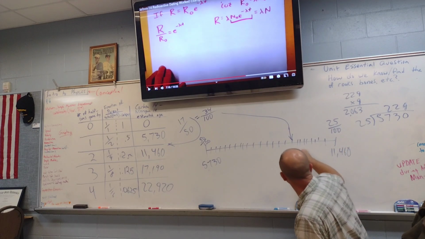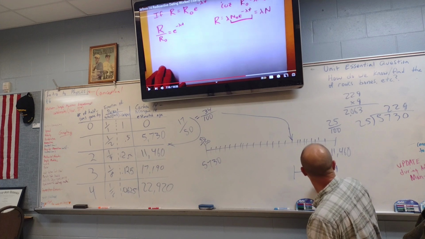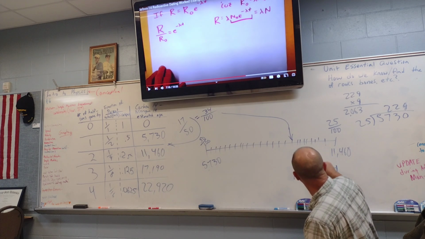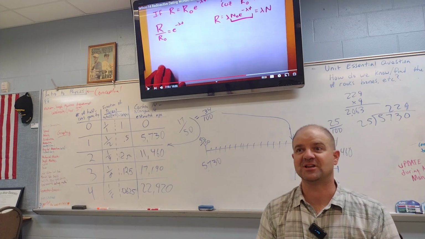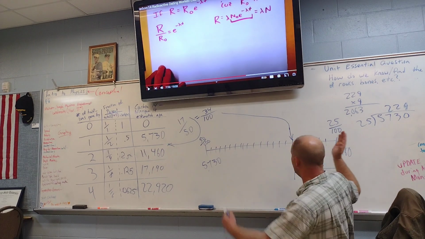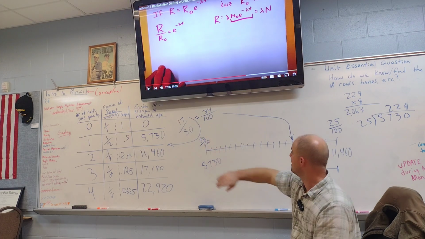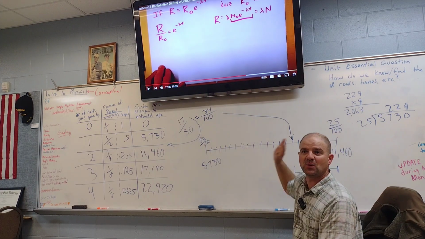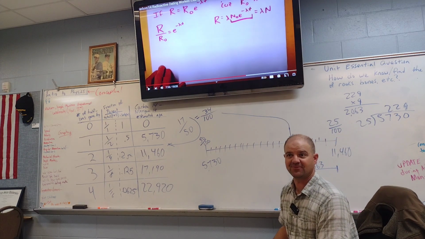All right, so from here over to here is 2,063 years. You don't understand? Let me walk you through it. We had our number line that we took out of our chart. We got our common denominator, so we're all in 100ths. From 25 to 50 is 25.